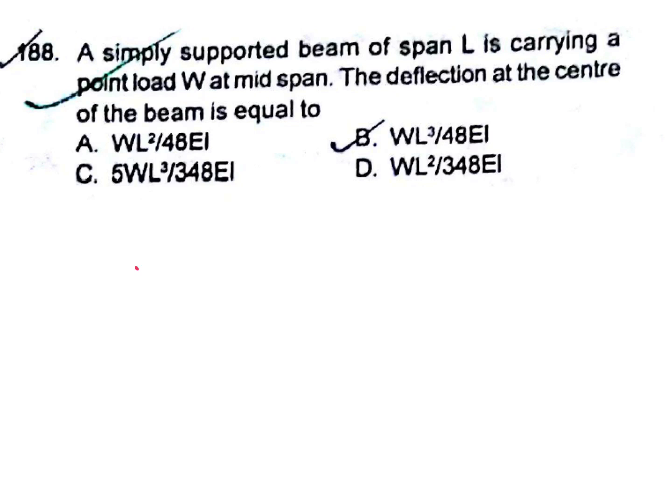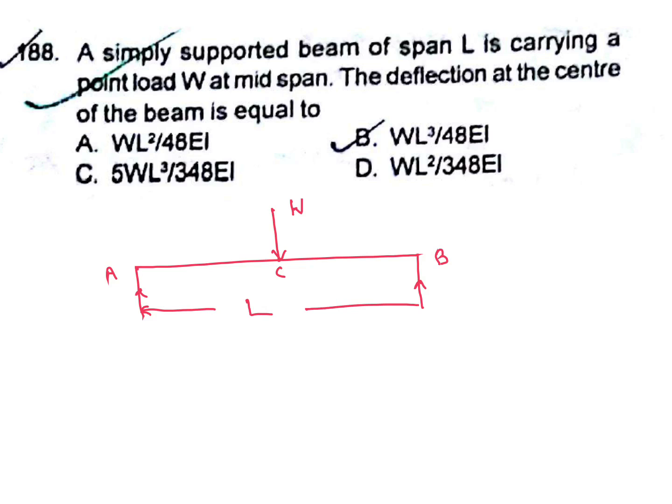For a simply supported beam with load at mid-span, let the points be A, B, C, with span L. Slope at B is WL square by 16EI.